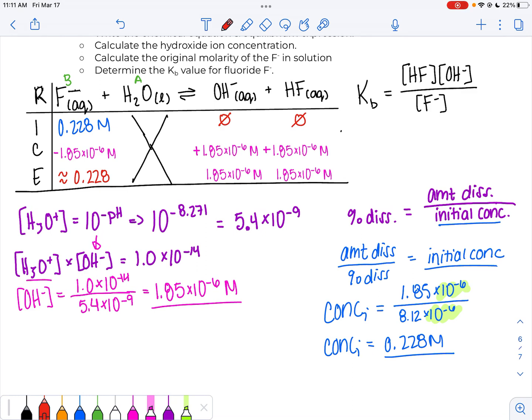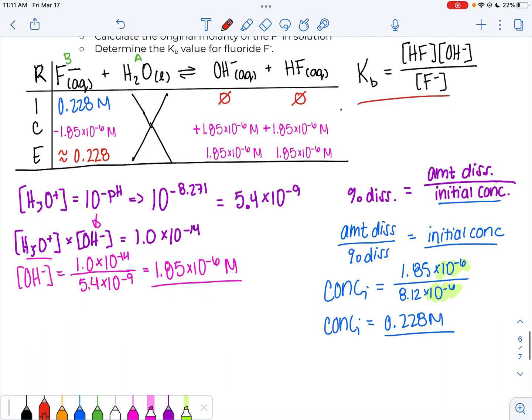But now I've got equilibrium concentrations of everything. And if I've got equilibrium concentrations of everything, I can plug into Kb, which is the last thing that I needed for this problem that has taken so much of our lives. But it's been a good time, I hope. All right, Kb is equal to concentration of HF, 1.85 times 10 to the negative 6th, times concentration of OH minus, which is the exact same thing.